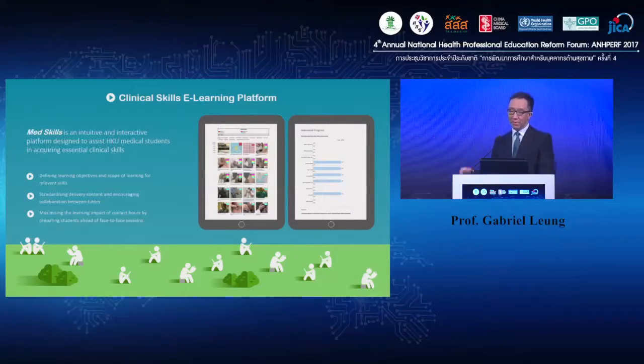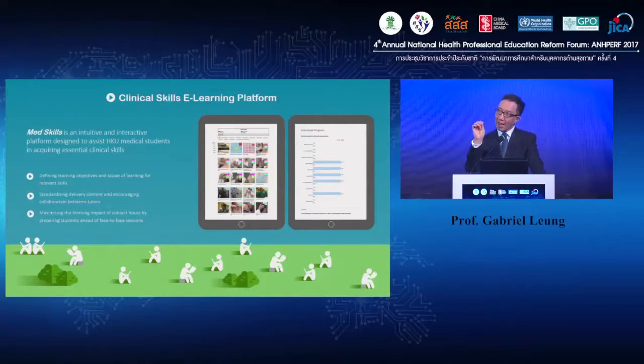So what we do is we have a clinical skills e-learning platform, and as you can see, there are ways where you can film and produce nuggets of how-to videos. And for those of you who read the New England Journal of Medicine quite regularly, you will notice that the New England Journal actually started this 5 years ago.